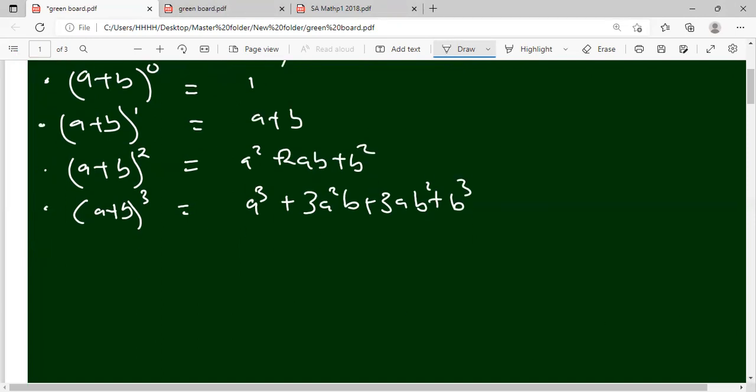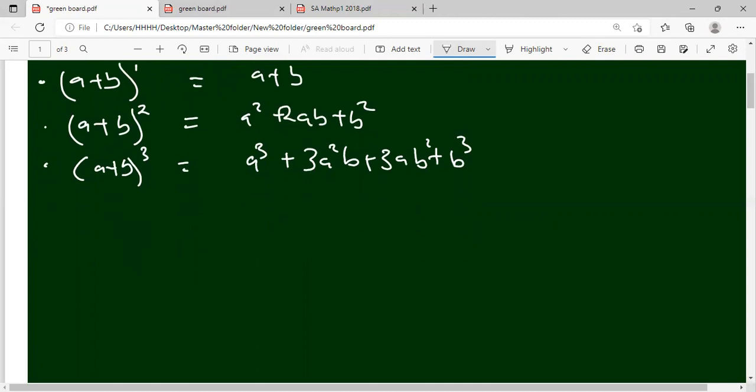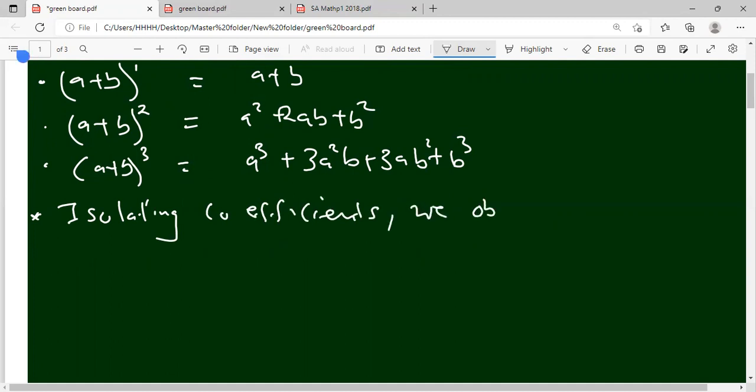So now, isolating, if we were to isolate coefficients, we obtain the following. What is it that we are going to obtain?